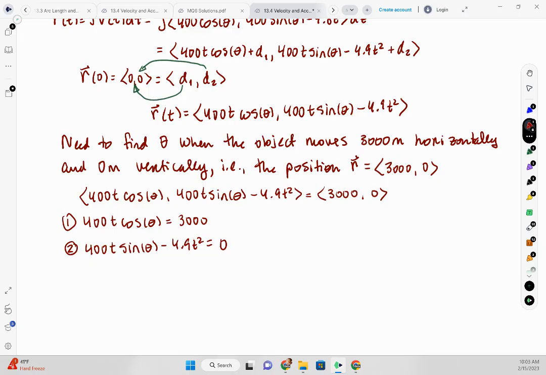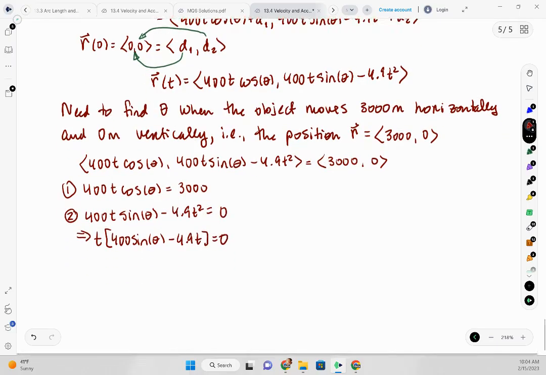Maybe I get a couple of t values and I can use those to solve for theta. So in the second equation, I can isolate and solve for t. It looks like I can factor out a t. That leaves behind 400 sine of theta minus 4.9t, and that's all equal to 0. So the zero product property tells me that t is equal to 0, which is when the projectile's first shot off, or t is equal to 400 sine of theta over 4.9.